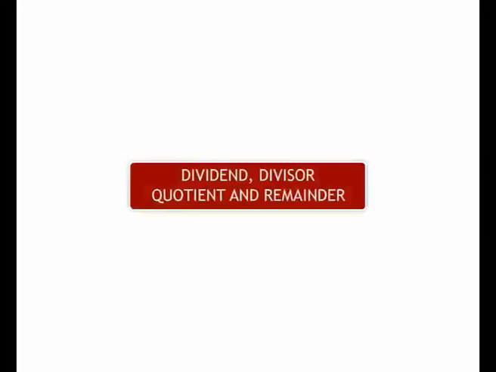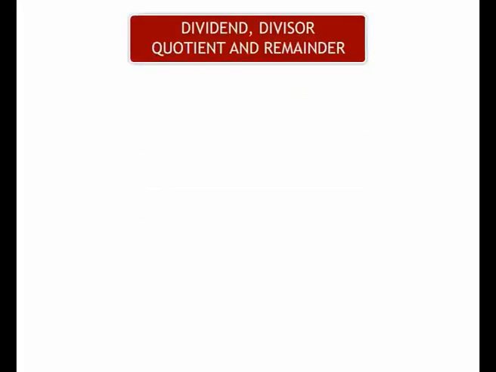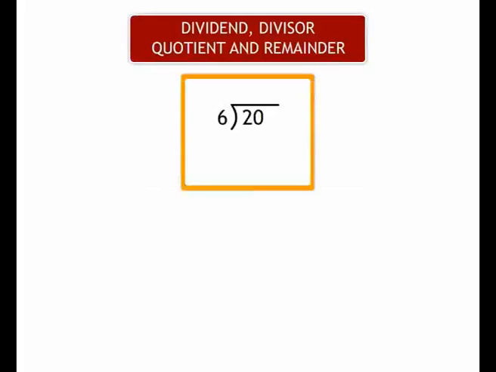Before we begin, let us quickly revise what we mean by dividend, divisor, quotient and remainder. For example, if we want to divide 20 by 6, here 20 is called the dividend and 6 is called the divisor.